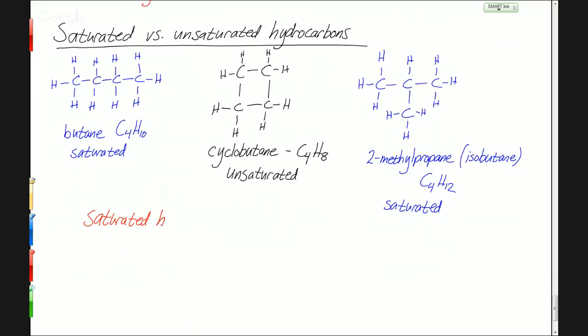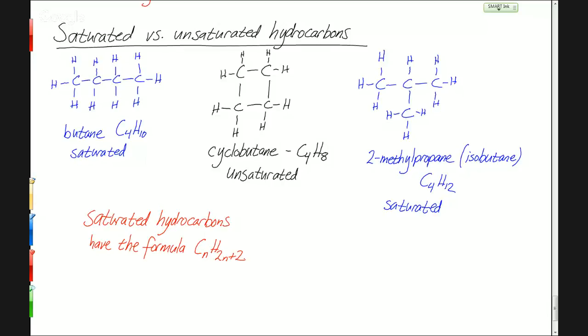So saturated hydrocarbons have the formula CnH2n+2. We talked about that a little bit before. However many carbons there are, you're going to have double the number of hydrogens and then 2 more.